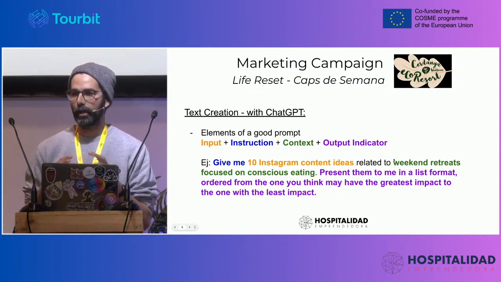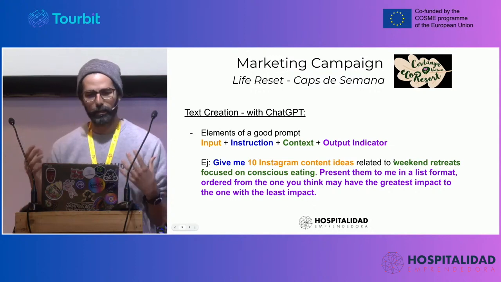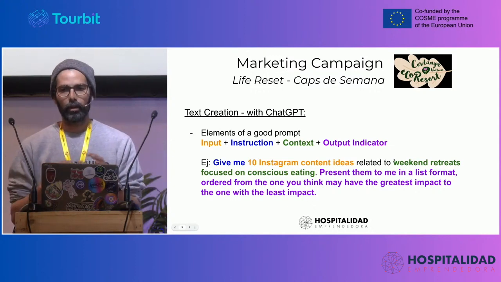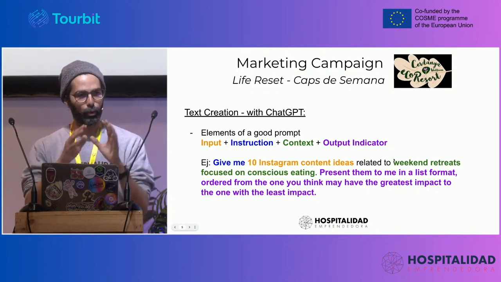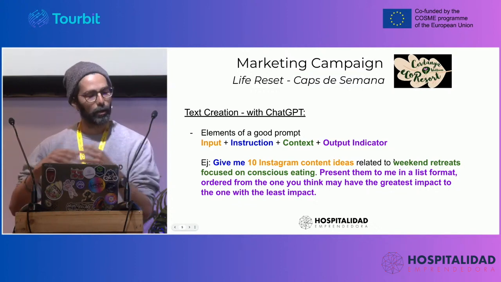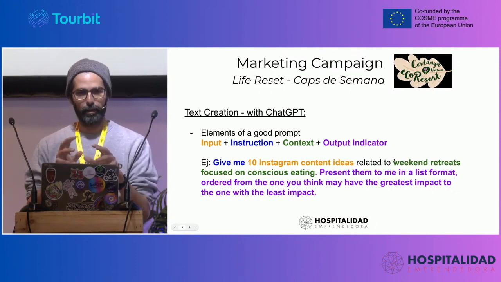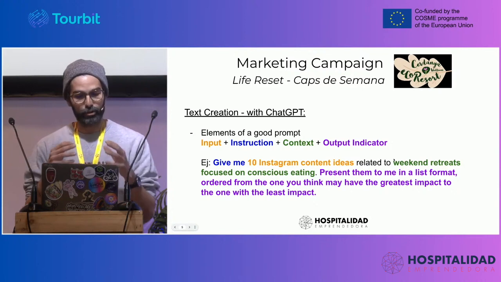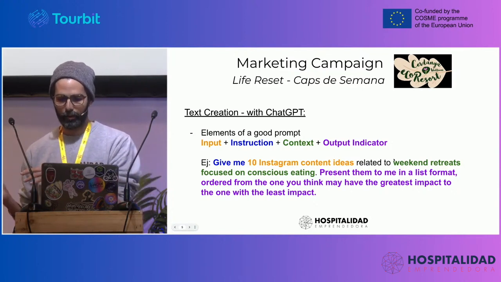First, when you create a prompt or an instruction to ChatGPT or to any large language model, there are different elements to the prompt. We don't always put all the elements, but you should try to put them all. The elements are the input, which is pretty much what you're telling it to do, and the instruction. So here you can see them: give me 10 Instagram content ideas.